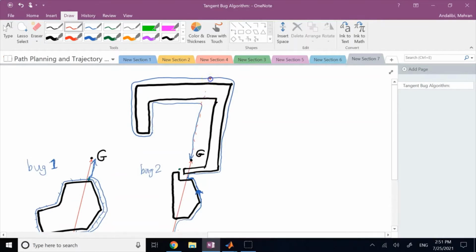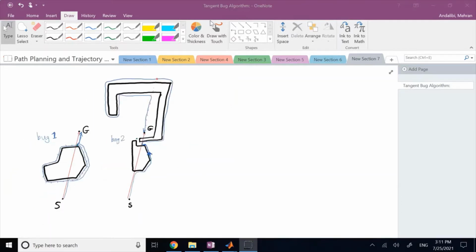But I could not go anywhere from there. There was no clear path to the goal, so I had to keep wall following. And now you see Bug 1 can be better than Bug 2, but most of the time, 90 to 95% of the time, unless you have complicated cases like this, Bug 2 is superior to Bug 1.